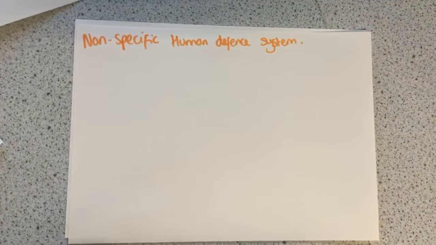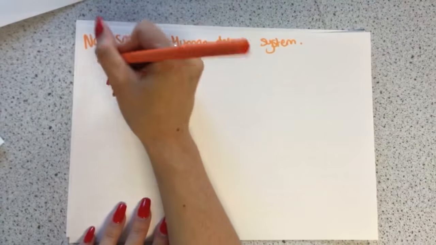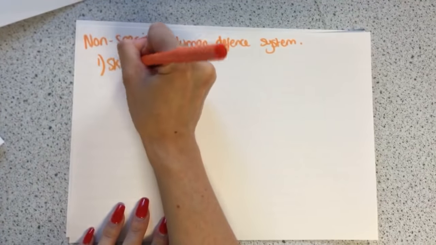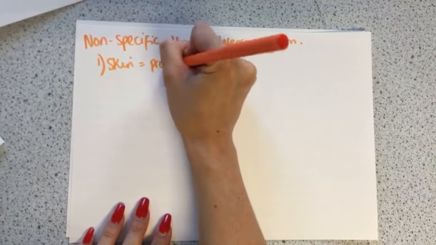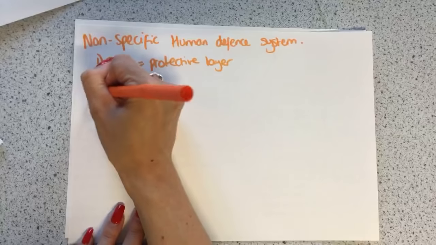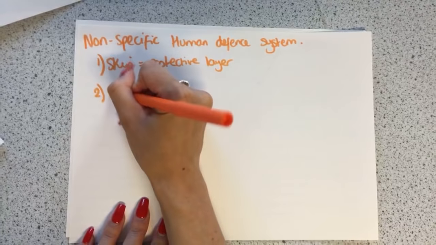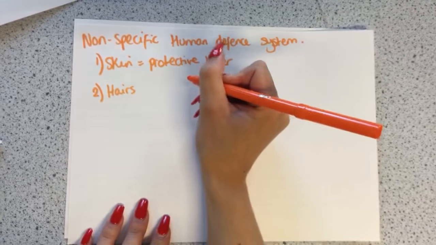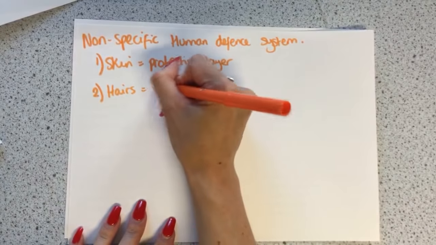Okay, so your body prevents pathogens from entering your body by 4 different things. So 1, simply just your skin, which is a protective layer. 2 is hairs, specifically in your nose, which trap the pathogens.